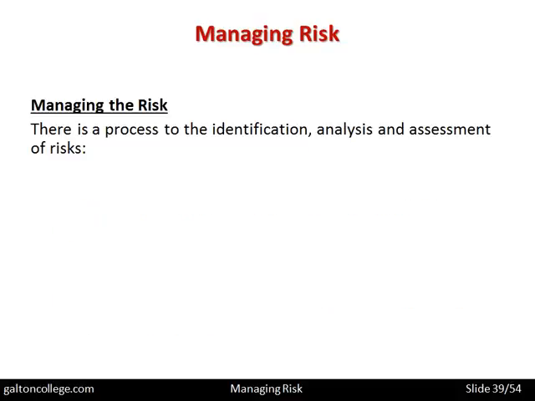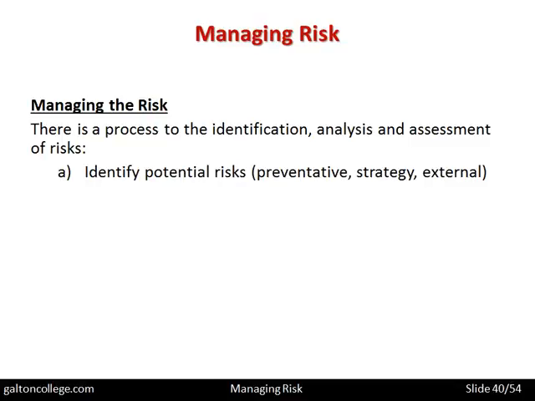Now, managing the risk, well, there is a process to the identification, analysis and assessment of risks. For a start, identify the potential risks and try to categorize them. Look, what risks does the company face? Are they preventable? Are they strategic?